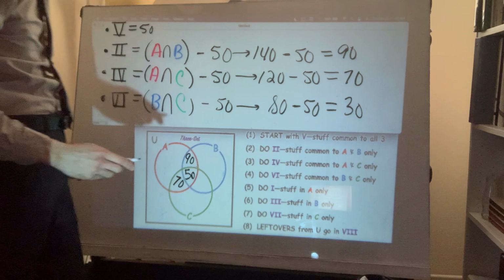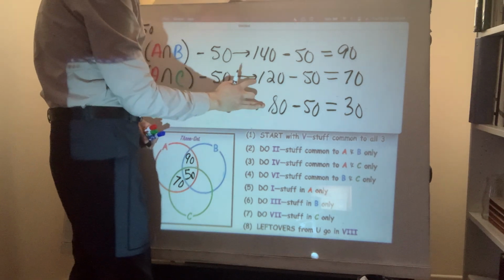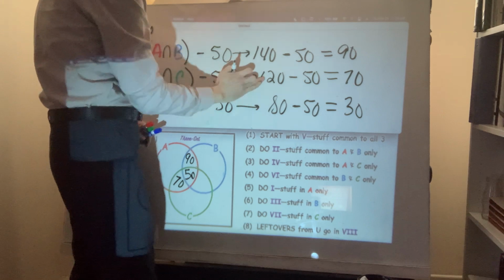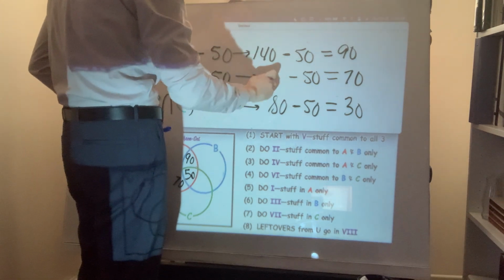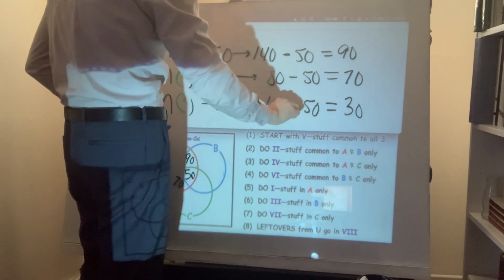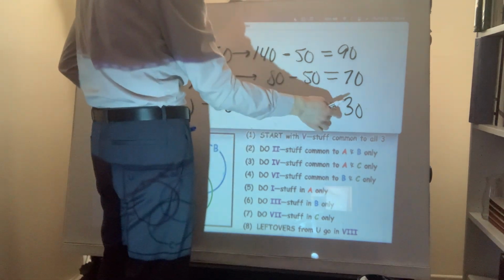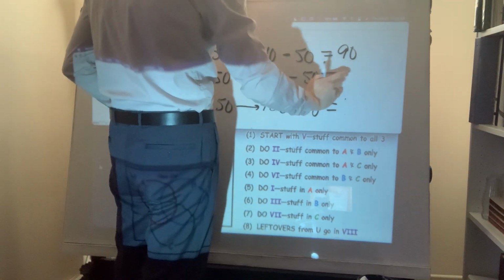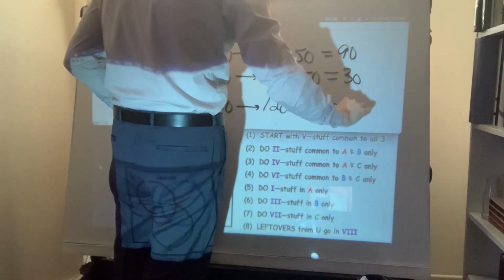I fudged these numbers, didn't I? This situation should be here, and that should be there. I'm sorry, so I'll correct myself now. 80 goes there. 120 goes here, which means 70 goes here, and 30 goes there. Sorry.